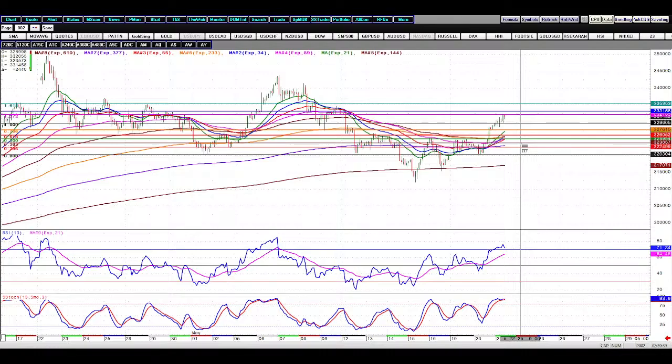Okay, let me put in this. Okay, so I'm entering gold on a staggered basis.